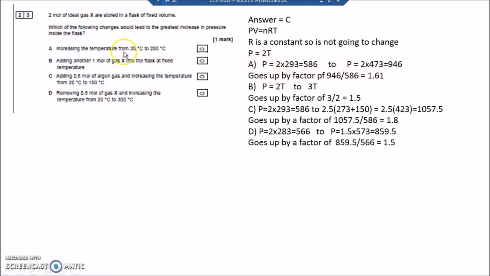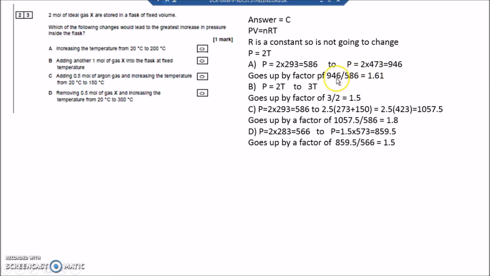So let's have a look at A, increasing the temperature from 20 to 200. So my pressure is 2 times 293, because 273 add 20 turns it into Kelvin. Remember, temperature's got to be in Kelvin in this equation. 2 times 293 is 586, and the new pressure is 2 moles multiplied by 473, because 273 add 200 is 473, which gives 946, so it's gone up from 586 to 946.